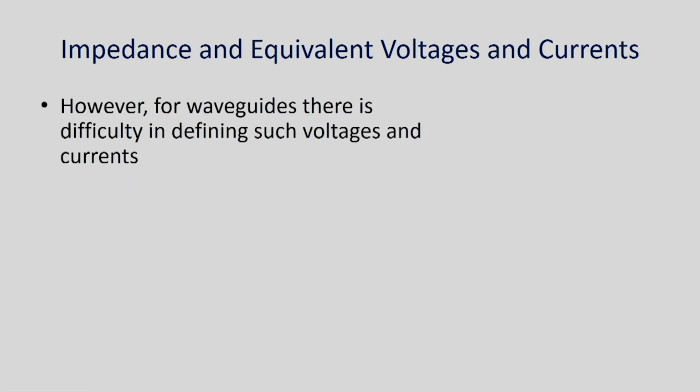When we have a TEM transmission line with a clearly defined pair of terminals, it is relatively easy to introduce equivalent voltages and currents, because they are well defined.